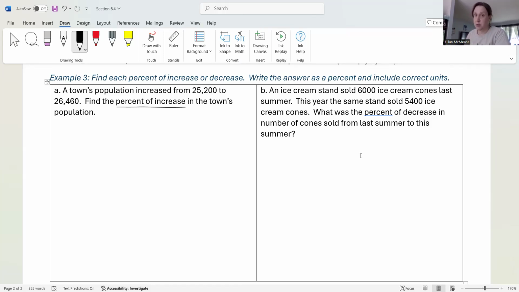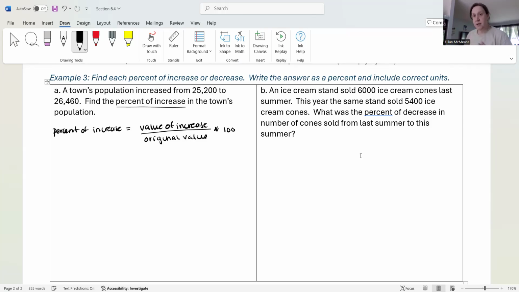So you can see you really do get the same values. If we used the formula, we would get the value of the increase divided by the original value. And then that gives us some decimal that would have to then be converted to a percent. So we can just multiply by 100.